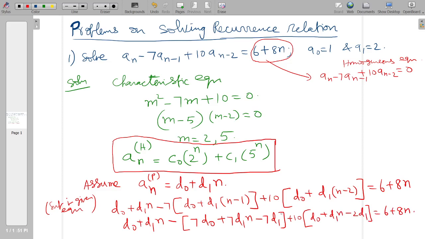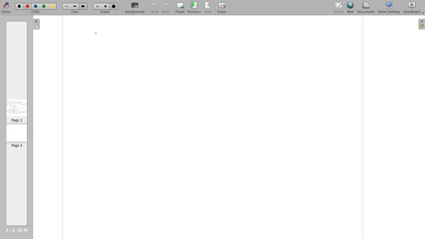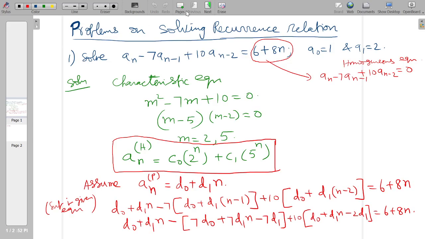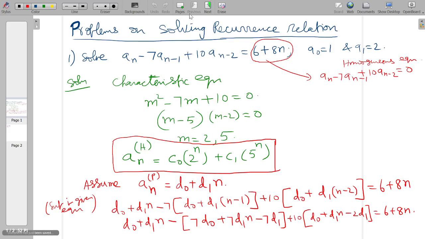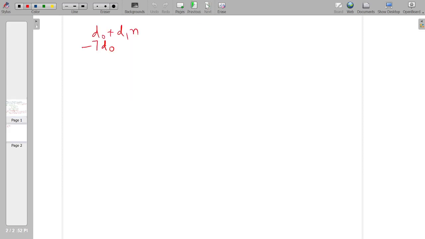Now I have to find the values of d0 and d1. So now I simplify this further. I get d0 plus d1 n for the first term, minus 7 d0. Now what is the next term? Minus 7 d1 n.